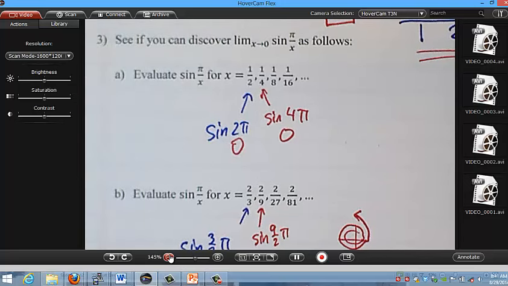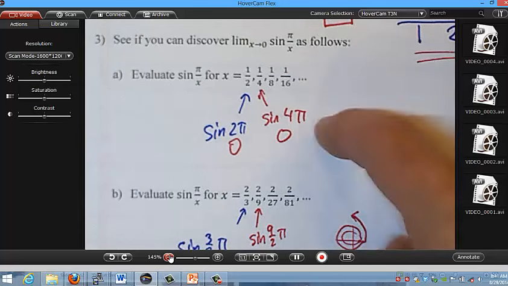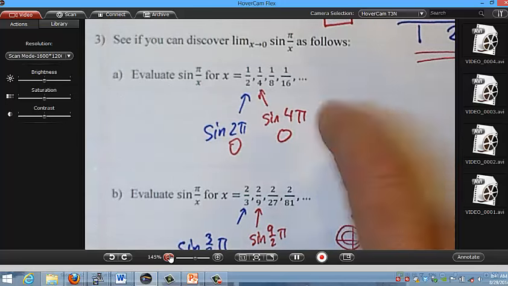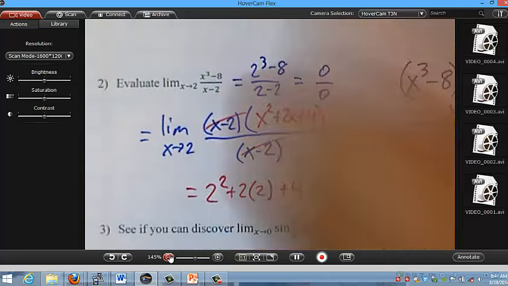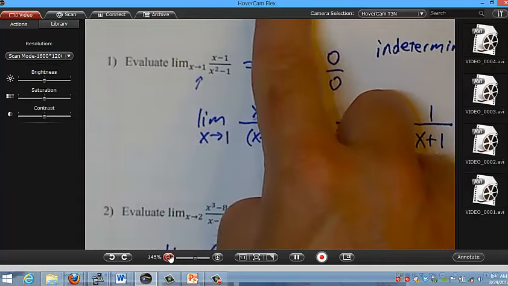Well, the limit doesn't exist, so the answer is no. In spite of what part A does, making a table doesn't prove you have a limit. That's the point I'm trying to make. Guys with me? So, it's one of the reasons we need to learn other analytic techniques.